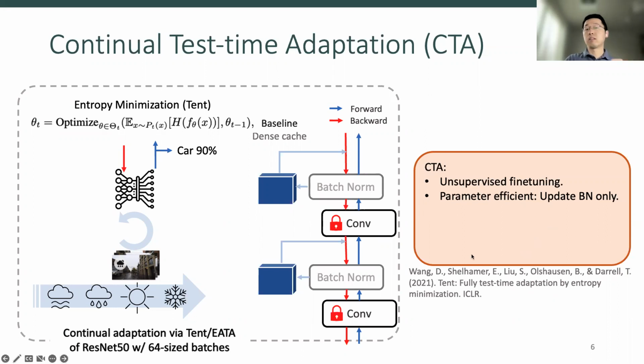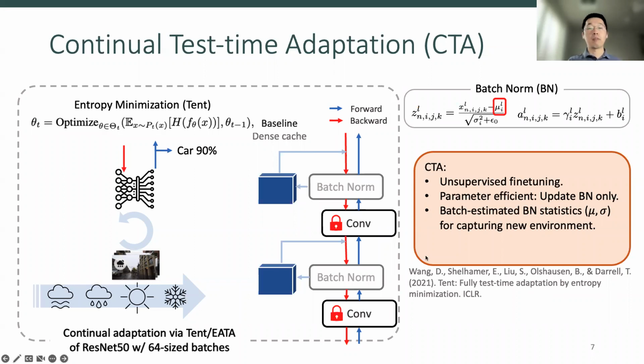So this is the key idea, and this is the core of this talk: we only update the normalization layers for the purpose of parameter efficiency. And we also have to mention that the normalization layers' statistics will be updated as well.